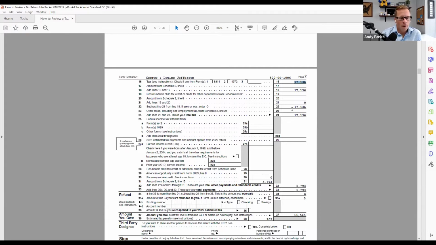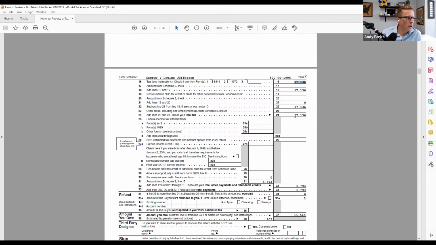Long story short, if your gross income's over a certain level, there's an additional 3.8% flat tax that applies on any passive investment income, such as dividends, interest, capital gains, rental income. If that passive income is above and beyond, I think the threshold is $250,000 gross income for married folks, and $200,000 gross income for single folks, I believe. So that's line 23, other taxes.